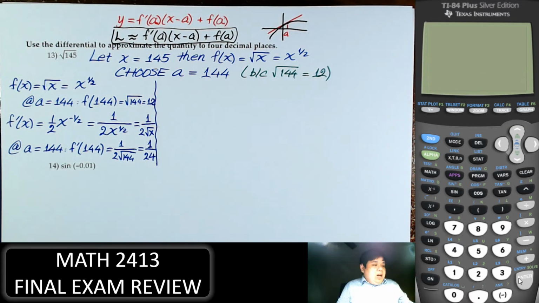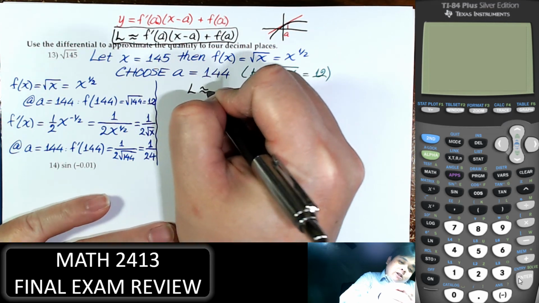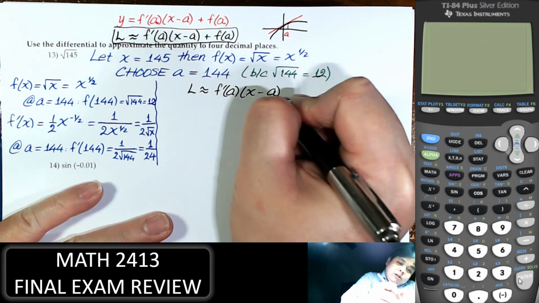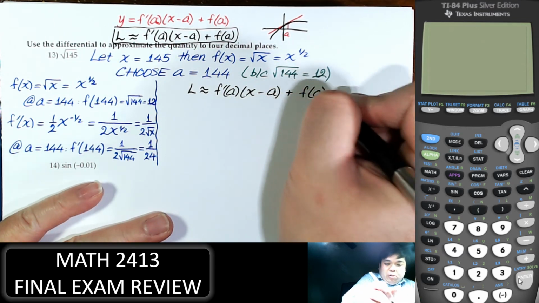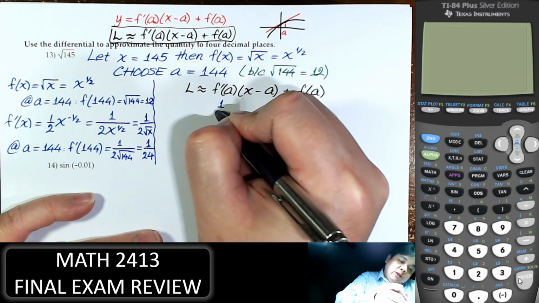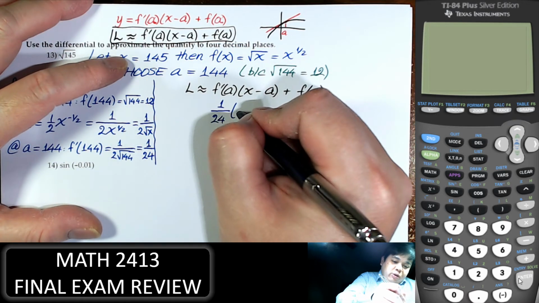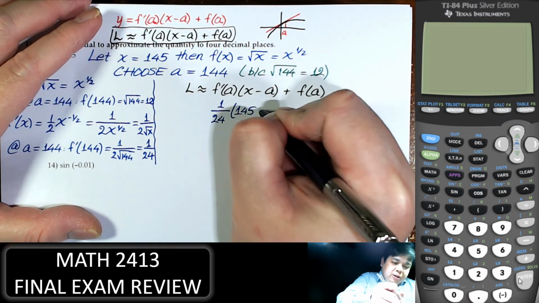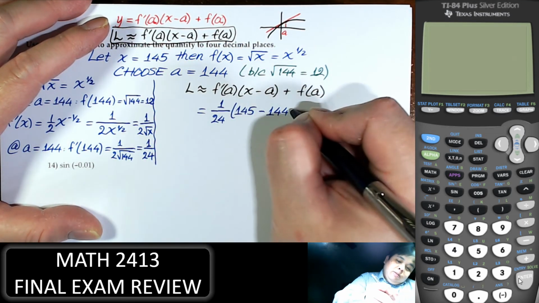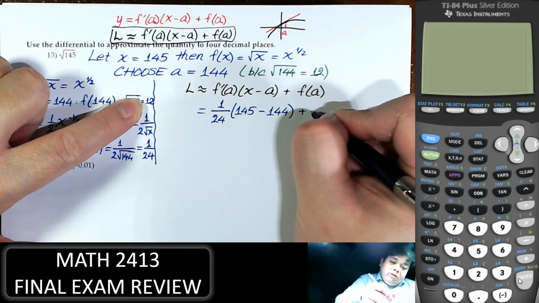Right, so we have everything. Now let's put it back into the linear approximation, just the equation of a tangent line. The derivative we have is 1 over 24, times 145 minus a, plus f of a, 12.